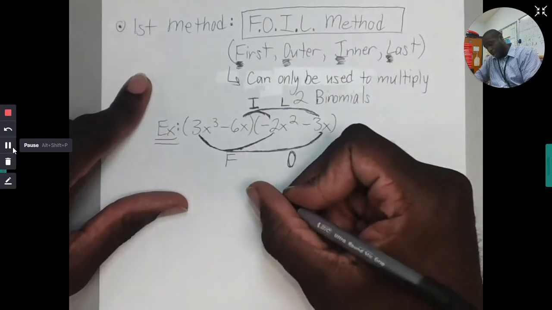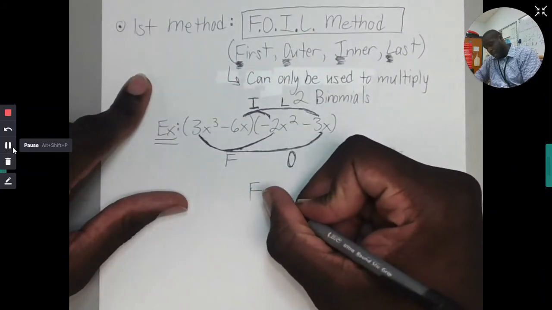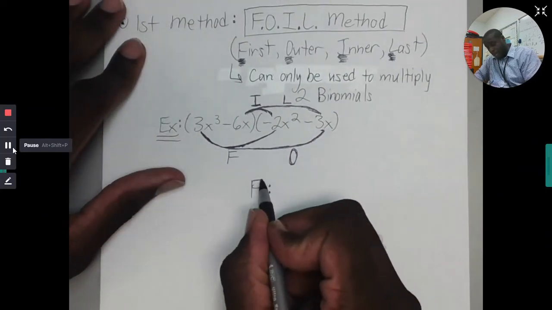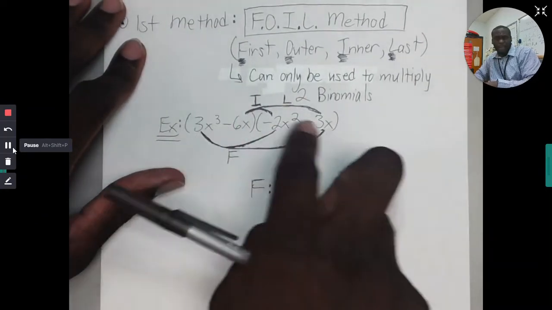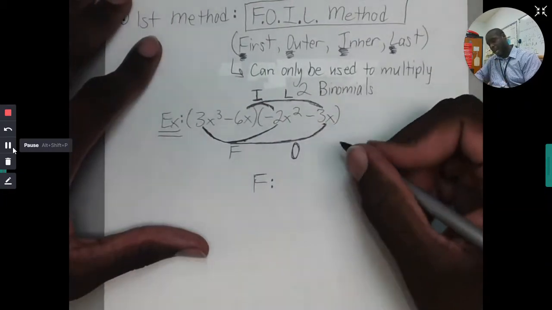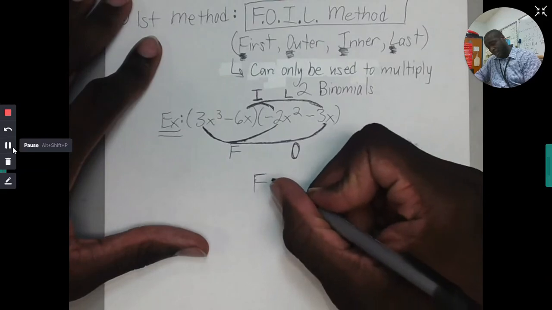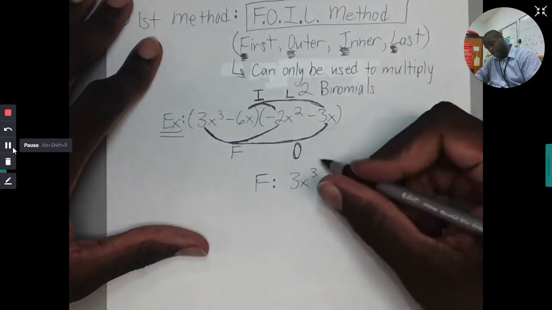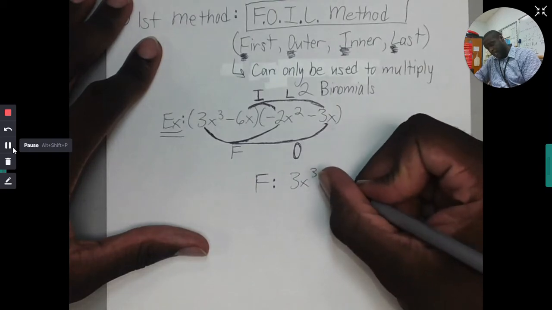I don't have to write what I'm about to write, but just so you can see what's happening, I'm going to write out what's happening for the F part of it. For the F part of it, you're multiplying 3x cubed times negative 2x squared.